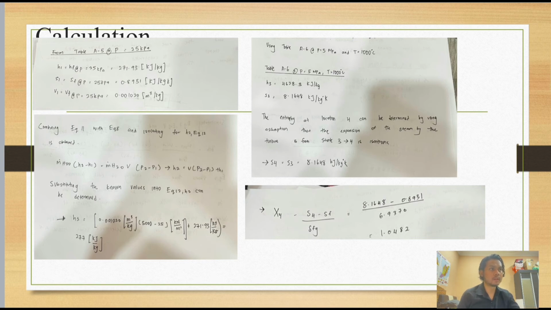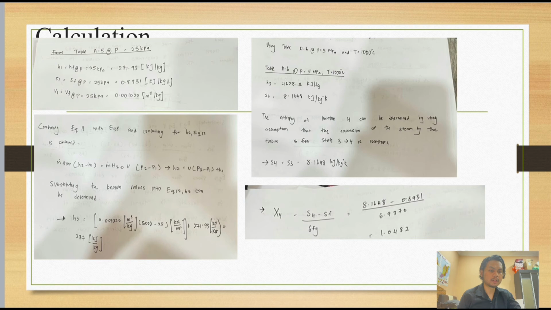We use table A5 at pressure 25 kilopascal, and then we get H1 as HF at 25 kilopascal, which is 271.93 kilojoule. S1 we get as 0.8931 kilojoule. V1 we get as 0.001020 meter cubed.